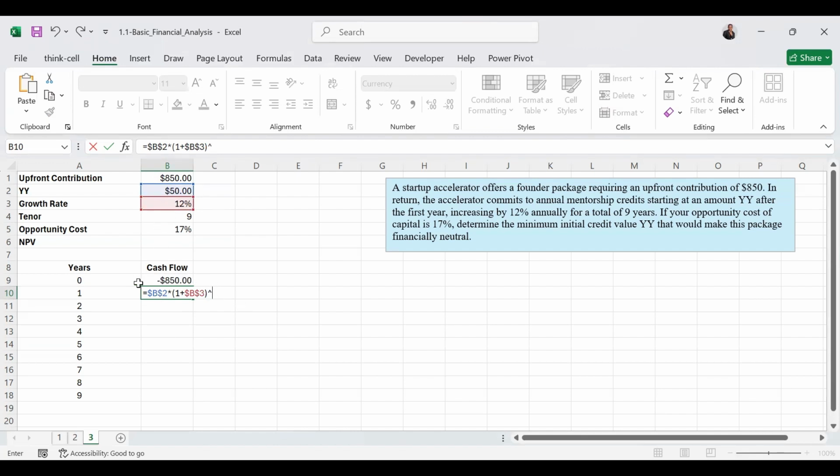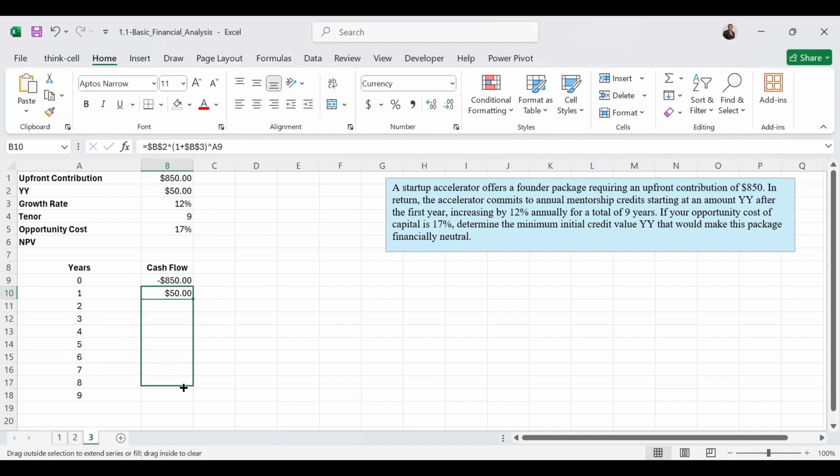Since this is the initial value, I will just use exponent 0 so that we have the same value here. And as we drag down, it's going to recognize each of these down. So I will enter. Now I will drag this down to 9. And these are the values that we get when we multiply by our annual growth rate of 12%.